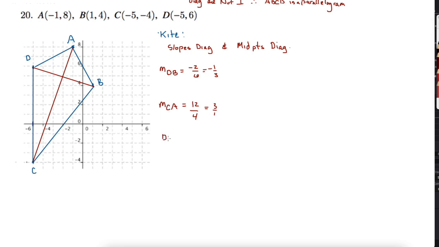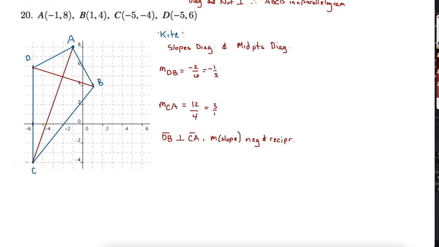So segment DB is perpendicular to segment CA because the slopes are negative reciprocals.